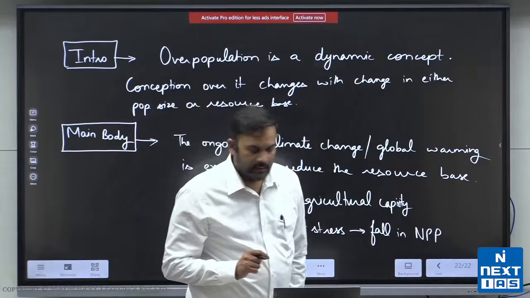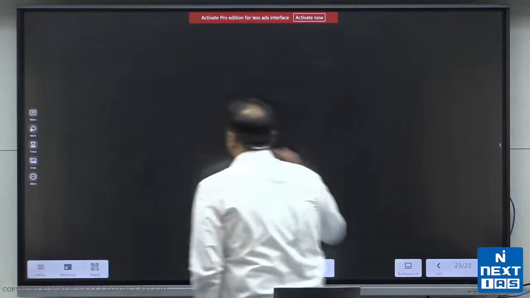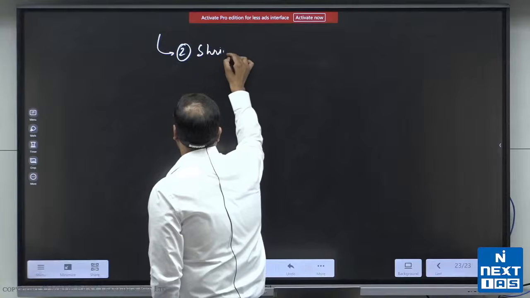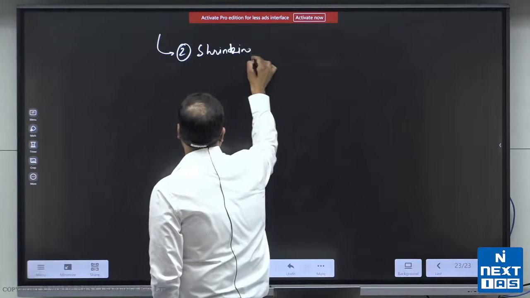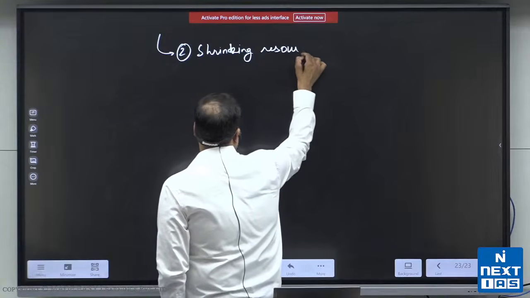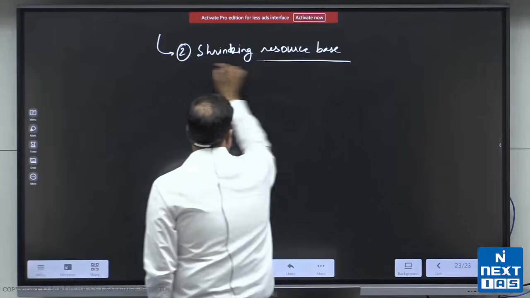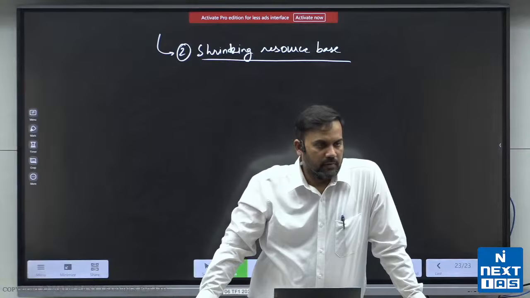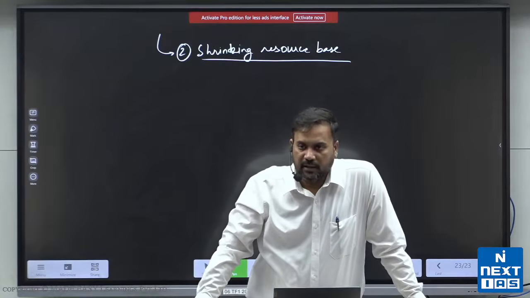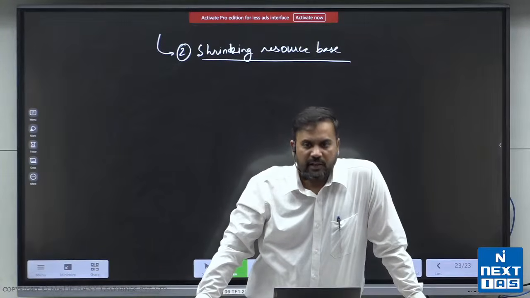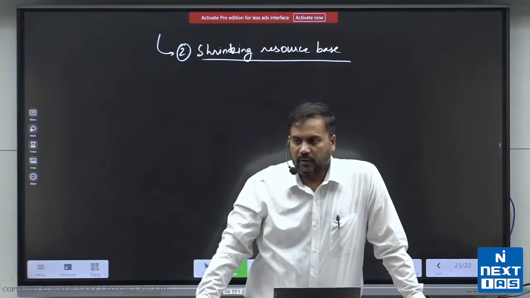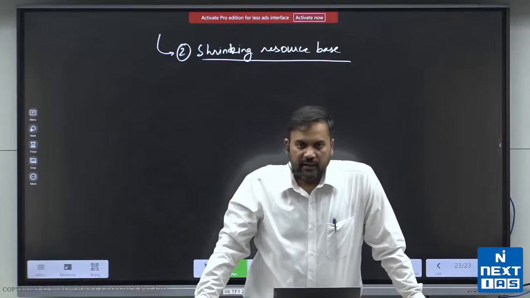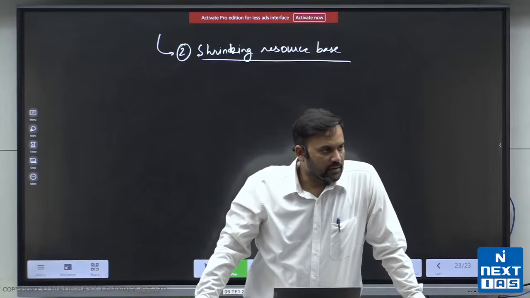ठीक है? Then other way in which it is taking place, can we talk about shrinking resource base? So number of type of resources are shrinking. Like for example, is global warming driving, if you talk about melting of the glaciers and leading to changes in the regime of rivers?